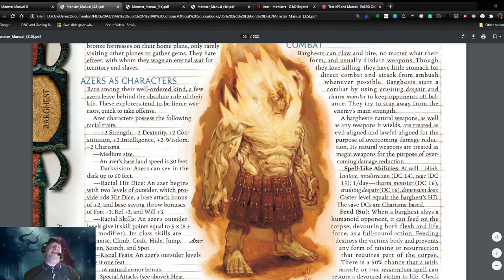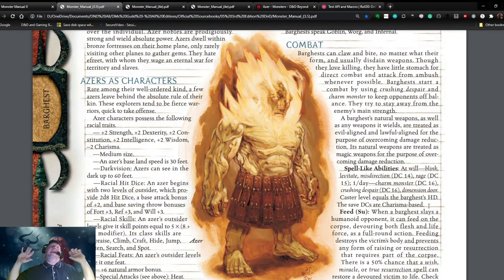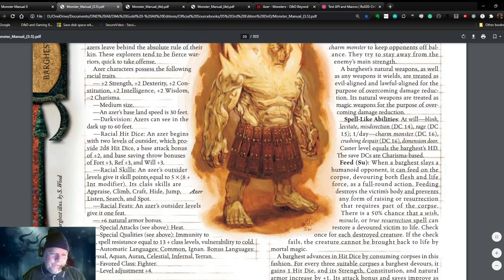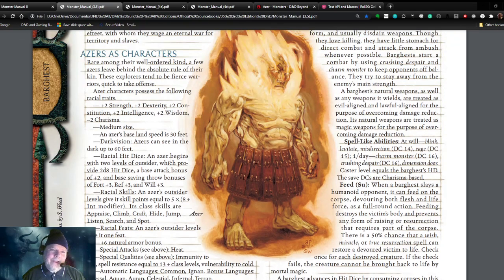And 3rd edition did this really interesting thing where for almost every single humanoid-appearing monster, and even some of the monsters that don't appear humanoid in the monster manual, they gave you guidelines of how you could turn this monster into a playable character. And 5th edition has not given us any guidance on that.